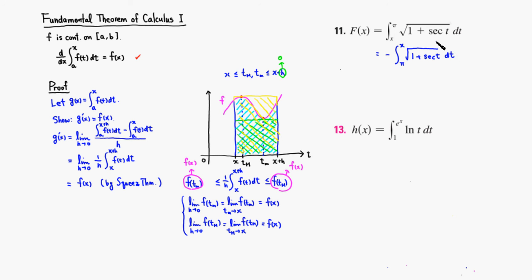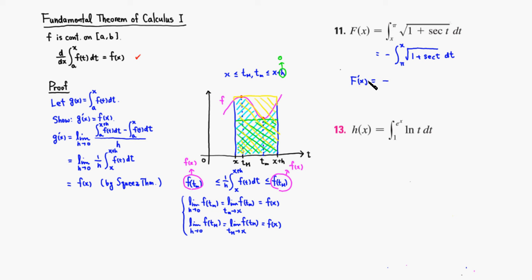The reason why I wanted to do that is that in order to use the fundamental theorem of calculus part 1, we would have to have the lower limit be a constant, and then x as the upper limit. Now we have that. So if you take the derivative, capital F prime of x is going to be, negative sign is there.